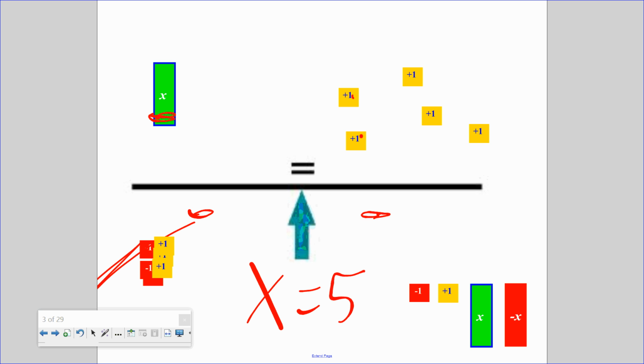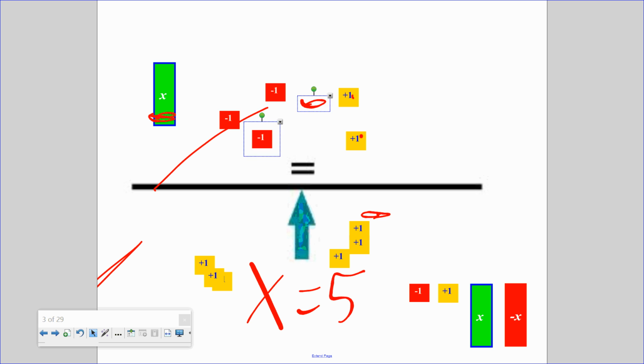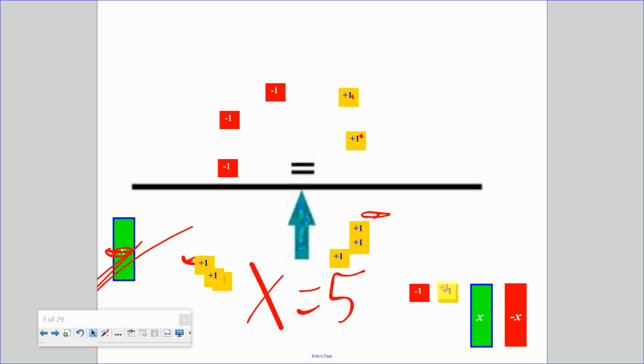To check my work, we're going to see if this is correct. Now it's time to check our work. I'm going to substitute. So we said x equals 5. I'm going to substitute this x with positive 5.